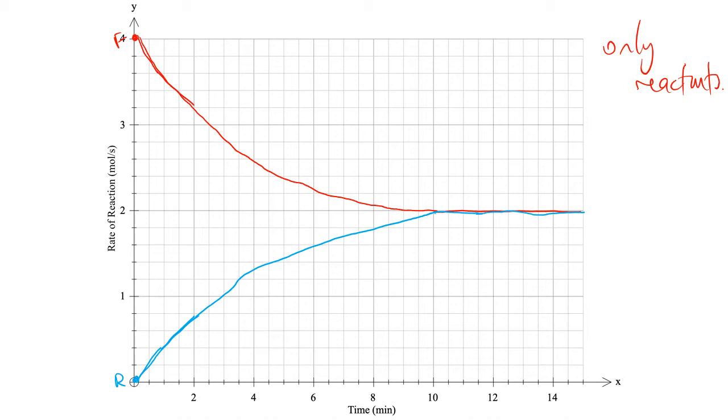We say that equilibrium is established at a certain point in time, so that's when equilibrium starts. Where does equilibrium start on this graph? It starts at time 10, because that's where it goes flat. Where it goes flat is the point at which equilibrium exists, or at least where it starts. So this is where equilibrium is established.